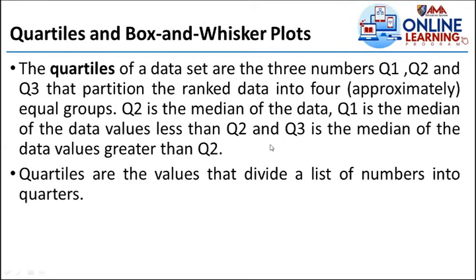Q1 is the median of the data values less than Q2. And Q3 is the median of the data values greater than Q2. Quartiles are the values that divide a list of numbers into quarters. Okay, quarters, no? That is 25%.